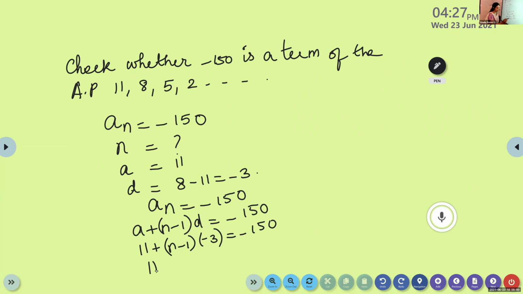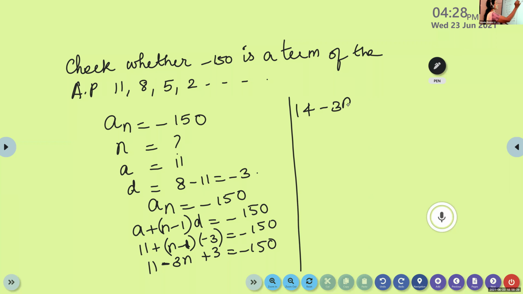When you open the bracket, minus 3 into n gives minus 3n, and minus 3 into minus 1 gives plus 3. Now 11 plus 3 is 14. So 14 minus 3n is equal to minus 150, so minus 3n is equal to minus 150 minus 14, which gives minus 3n is minus 164.